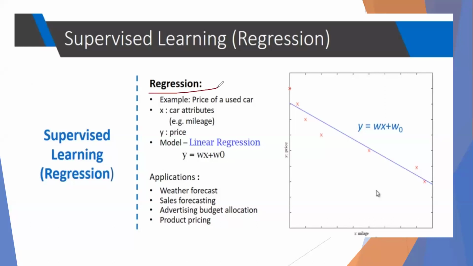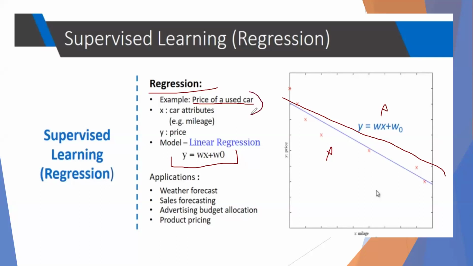In regression, what we want to do is draw a line that can distinguish the multiple data points, and this line is known as the boundary line. So these are problems where we have to predict some numerical value. For example, here what we are doing is predicting the price of a used car.